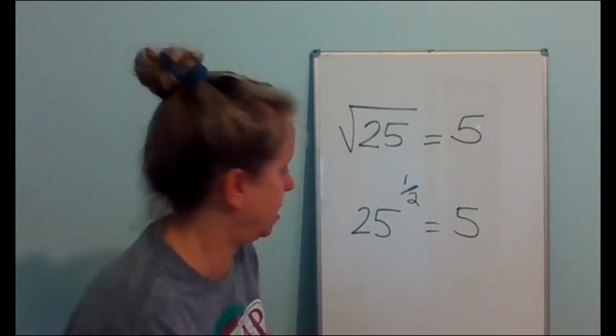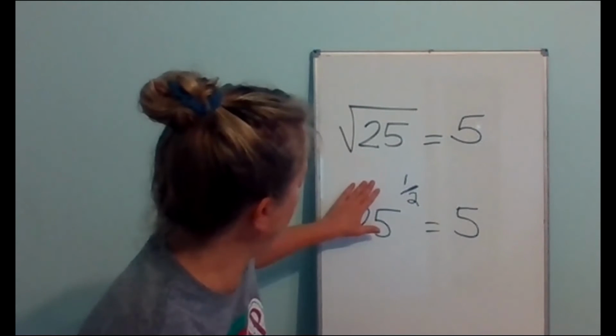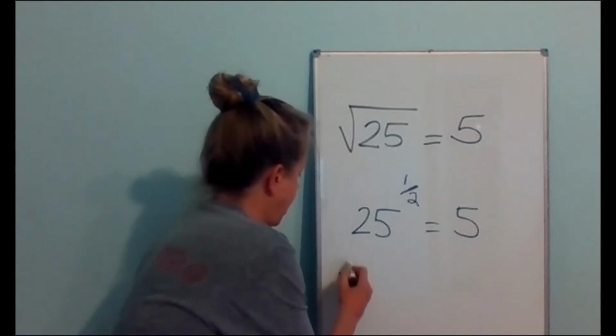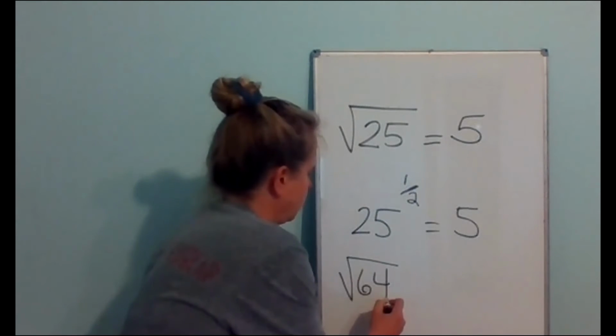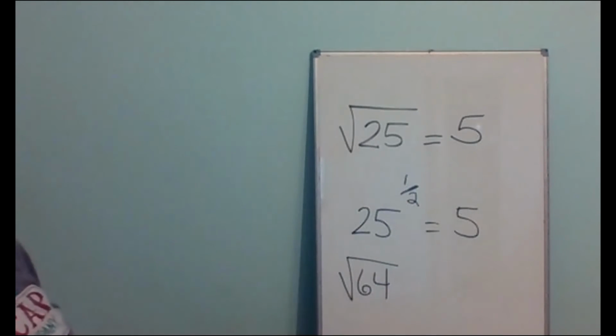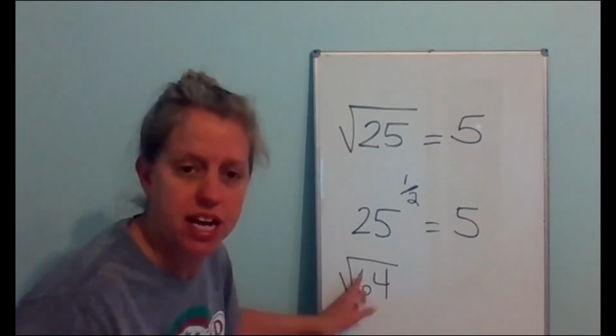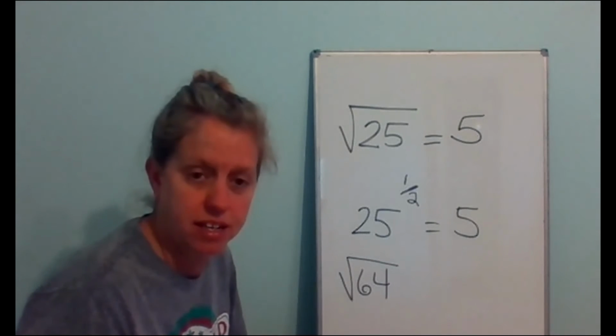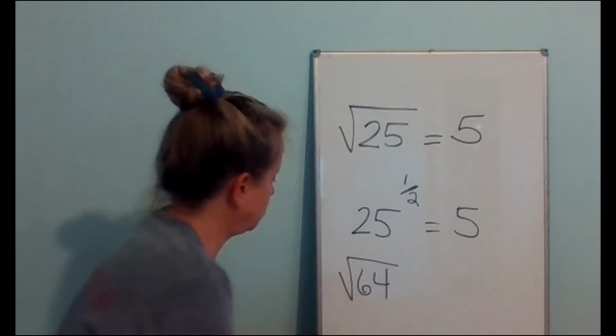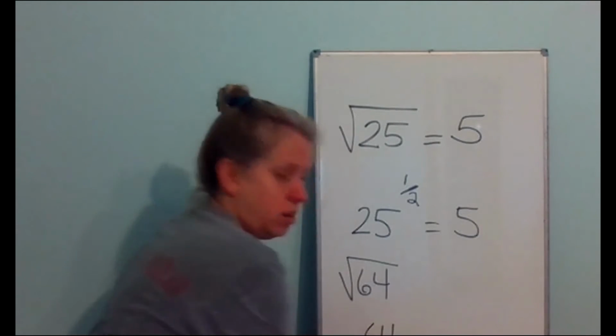Okay? Now, let's do a couple more of these. Let's see, how could you rewrite the square root of 64 as an exponential expression, a number with an exponent instead of a square root? So this would be 64.